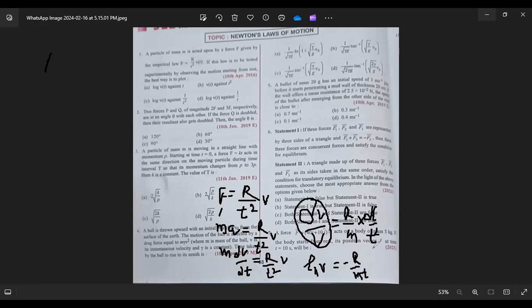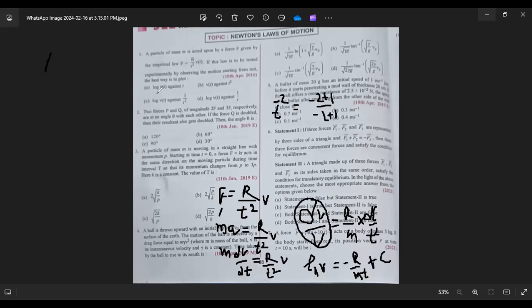T square means t raised to power minus 2. Now if we apply the formula, x raised to power n integrates to x to power n plus 1 upon n plus 1, with minus 2 plus 1, we can integrate this. After integration, we use a constant term c. So from this equation, which is the right answer?